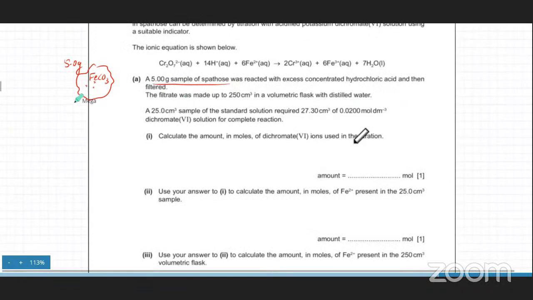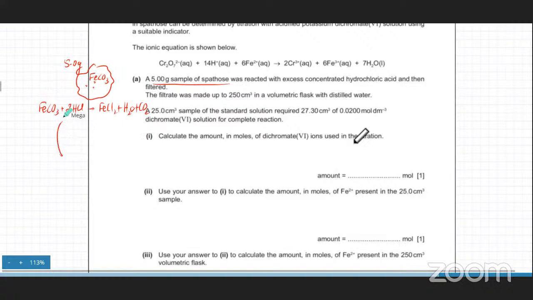What's going to happen? FeCO3 in spathos would react with the hydrochloric acid and dissolve. It would form FeCl2, which is a soluble compound, plus water plus carbon dioxide. So it dissolves and forms a solution.